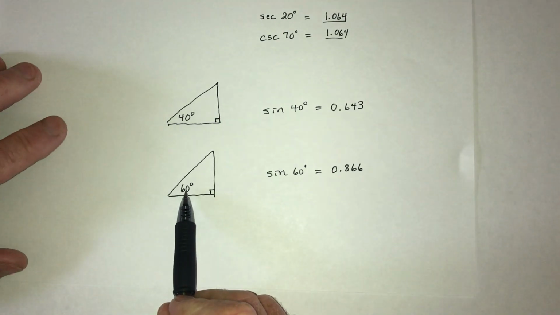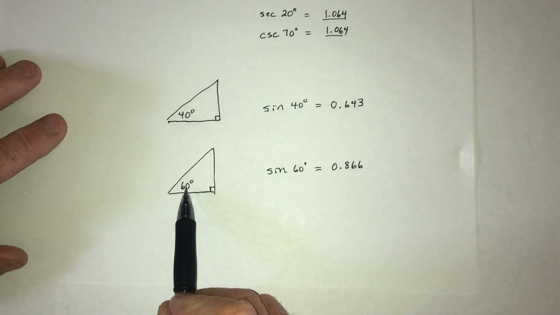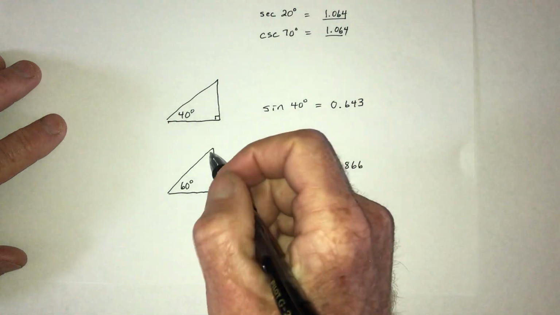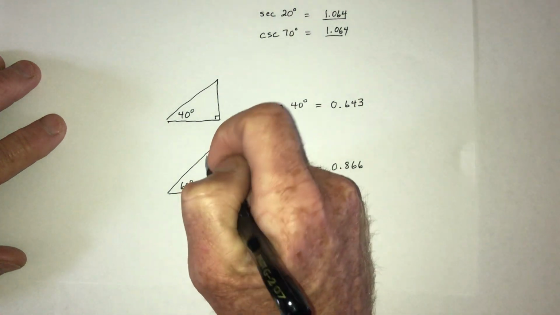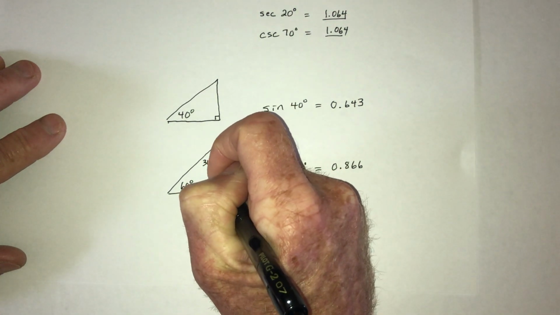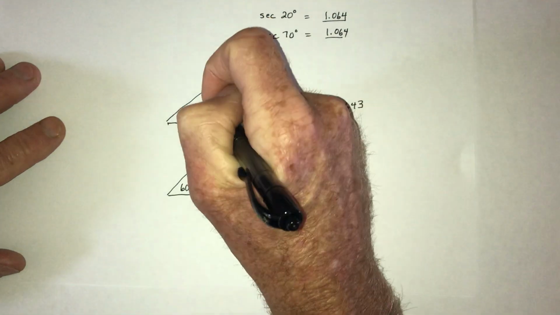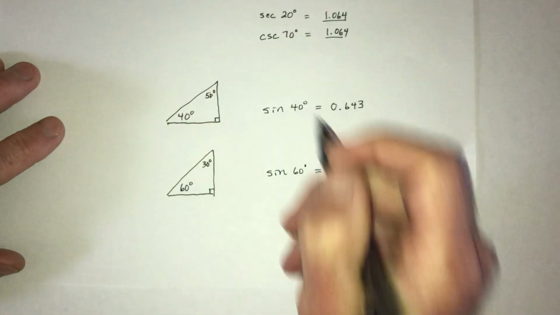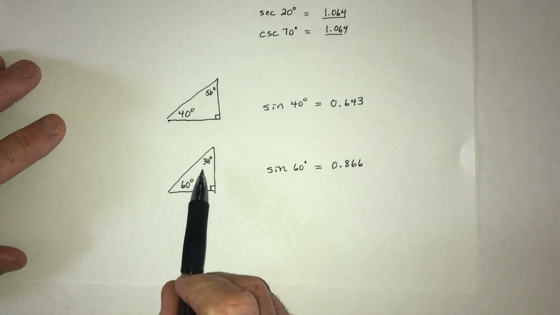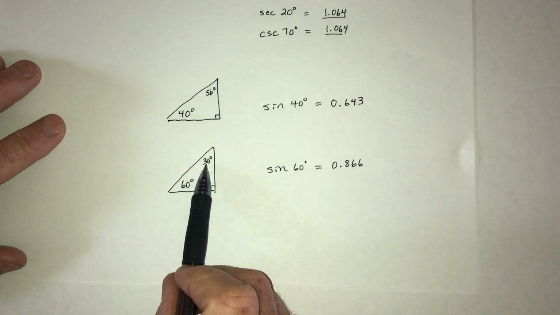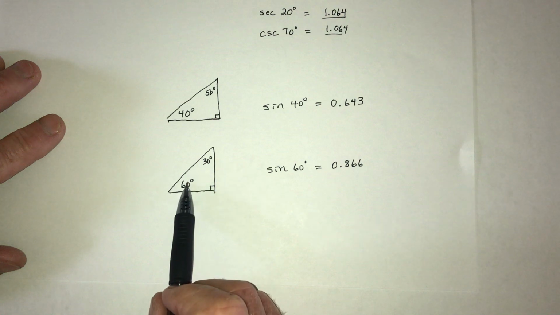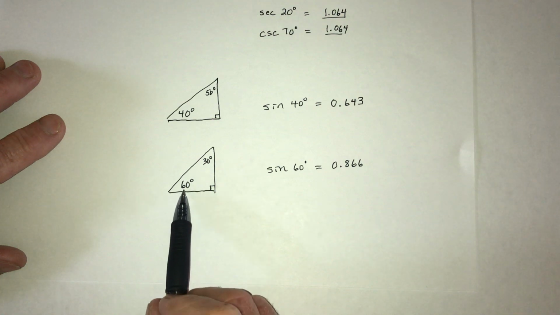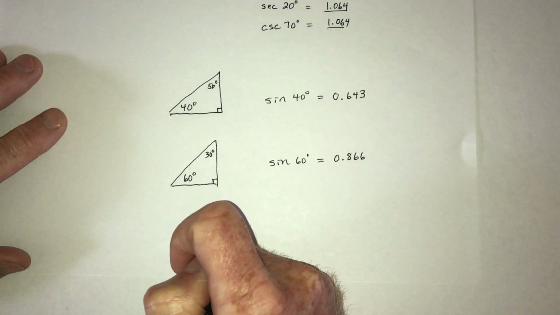Now, what's the biggest that this could get? Well, since these two have to add up to 90, in this case, this would be 30 degrees right here. This would be 50 degrees right here. So basically, let's say this gets really small. If this is only 1 degree, and these two have to add up to 90, that means this could be 89.